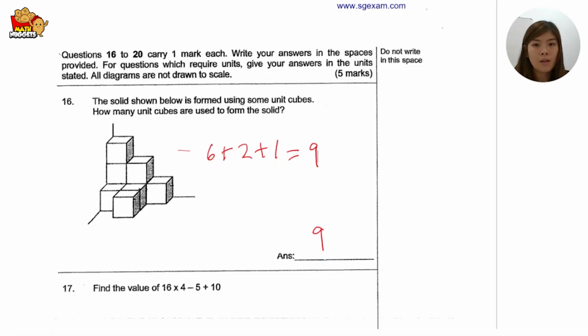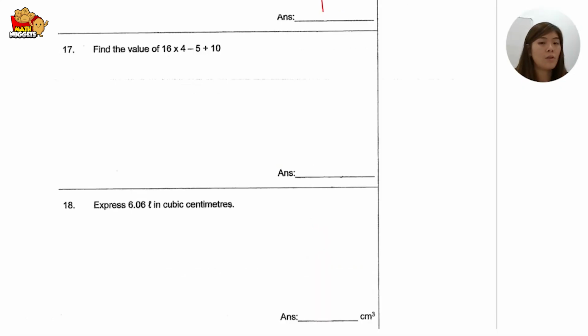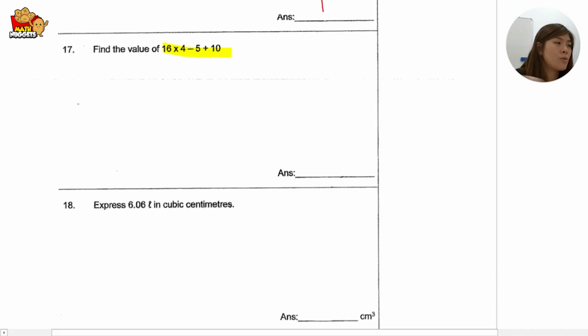Okay, next. For question 17, find the value of 16 times 4 minus 5 plus 10. The first step is to look at 16 times 4. 16 times 4 gives you 64.